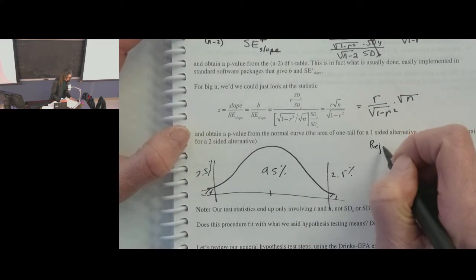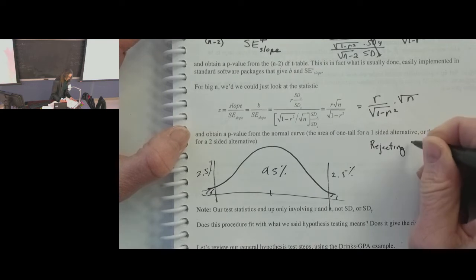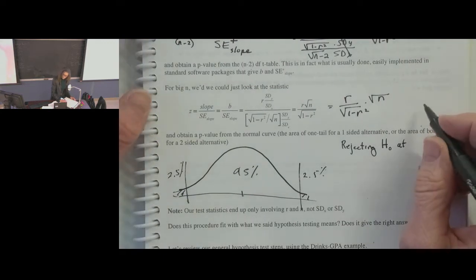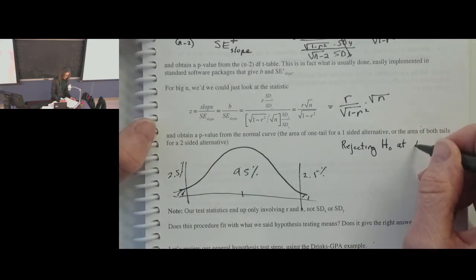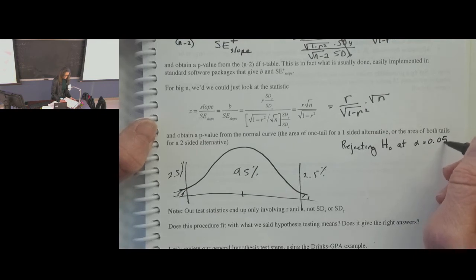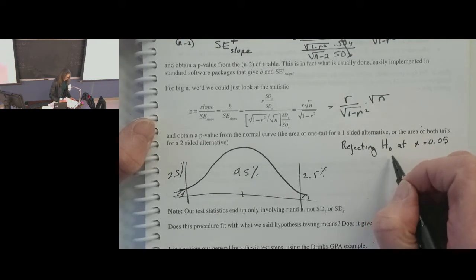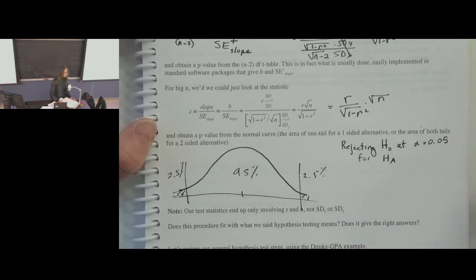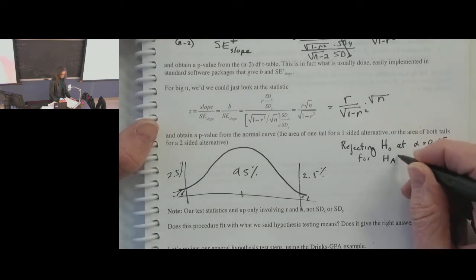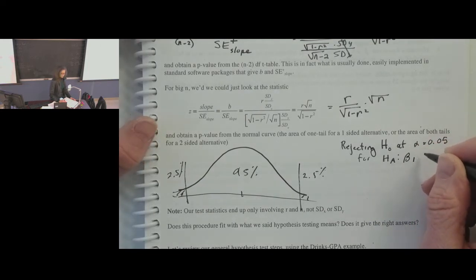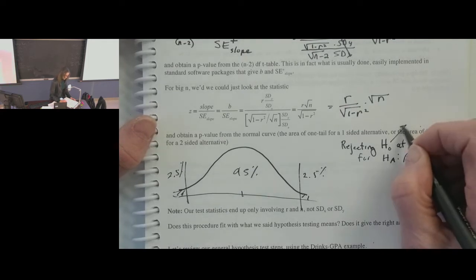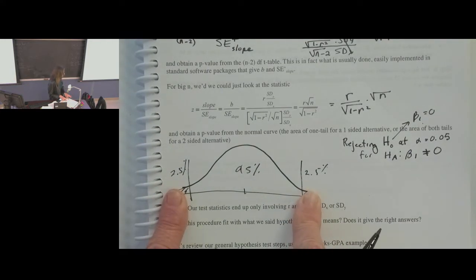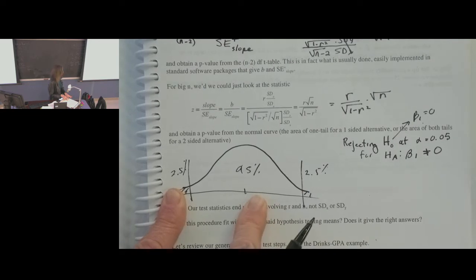So rejecting H naught at 5%, rejecting H naught for a two-sided alternative, if we reject it, we land out here. And that's the same thing as not including 0 in our confidence interval.